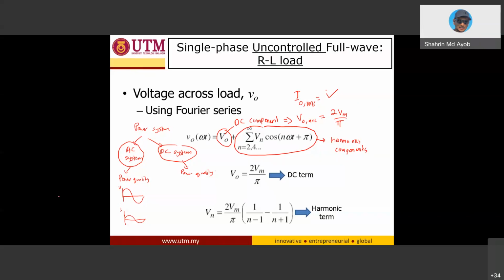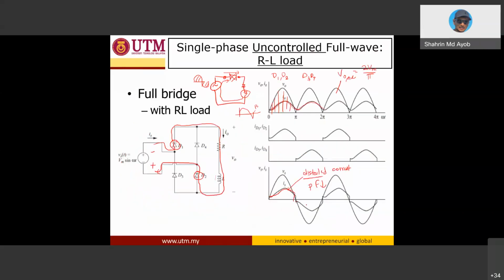If your voltage or current is not sinusoidal, for example the current like this previous waveform, which is not sinusoidal, we call this a distorted current, meaning that it has harmonics.